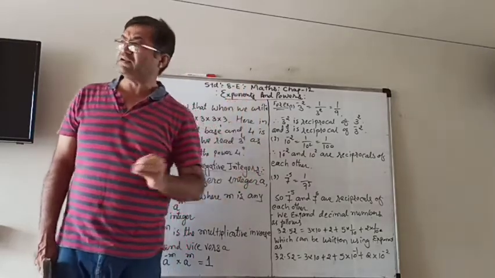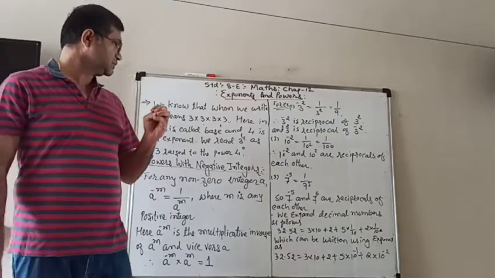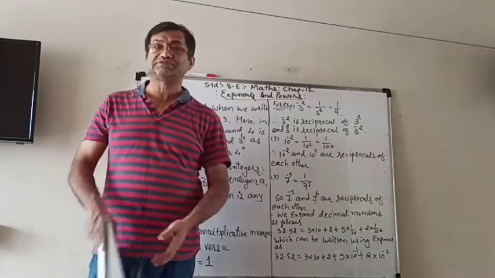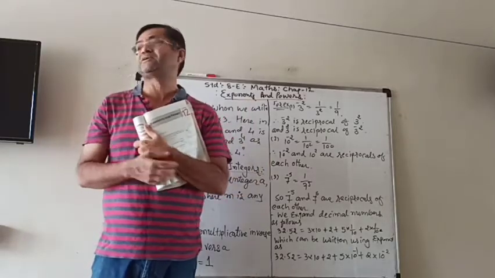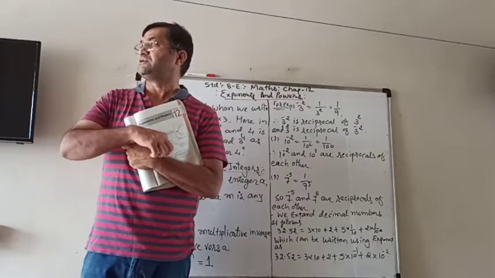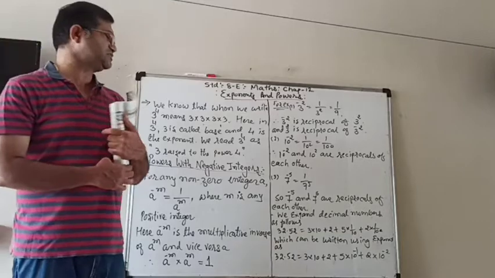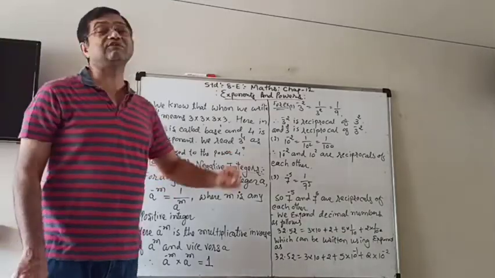But in that discussion, we never had powers as negative integers. There were no negative powers in that learning. But now we are extending our knowledge to powers with negative integers.